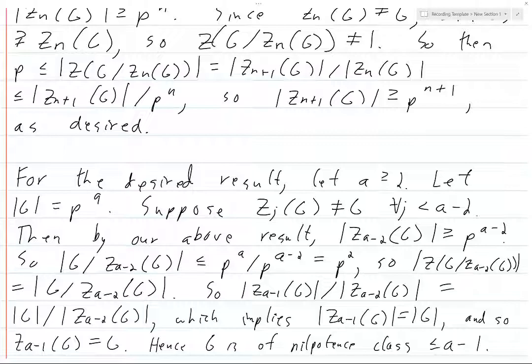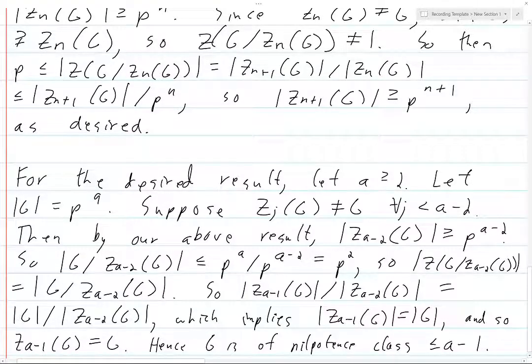But this proof, certainly if you're worried about the case of a equals 2, because technically when a equals 2, let's see, you can either think of it, the above result says if Z_j G is not equal to G for all j strictly less than a minus 2.